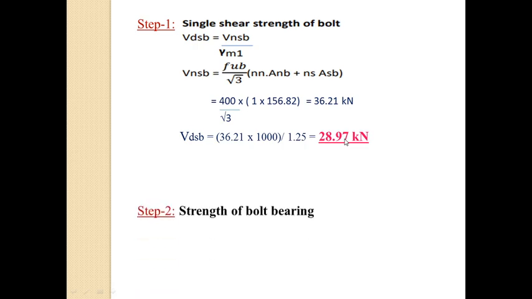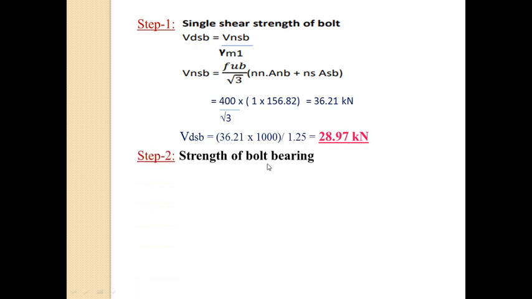Step number 2 is strength of bolt in bearing. We know the formula to calculate the bearing strength, that is VDPB is equal to VNPB upon gamma MB. VNPB is equal to 2.5 kb into d into tp into fu.